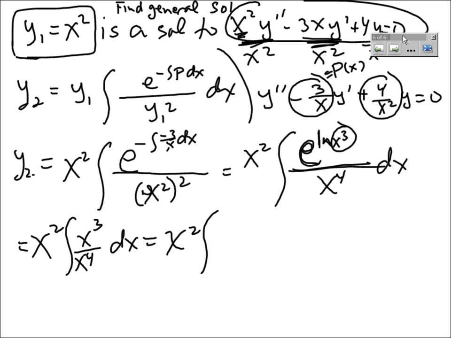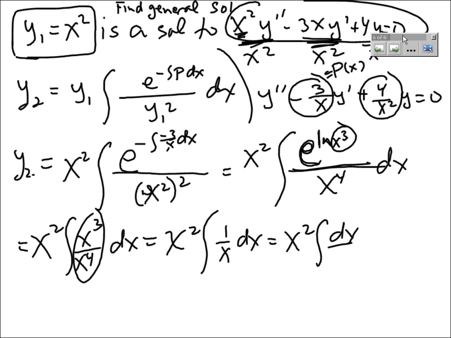X squared not being a constant, I can't bring it in and out of the integral sign. This fraction is 1 over x. And if you want to write the 1 over x dx as dx over x, go for it. But no matter what, that's ln of x. So you get x squared times ln of x.